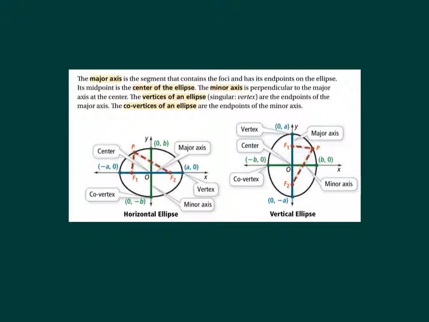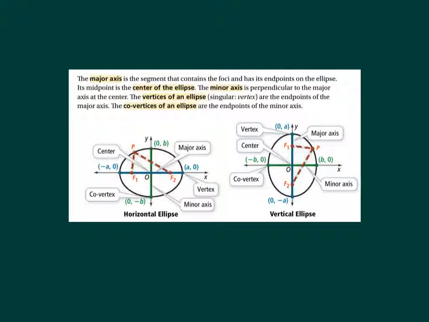So, we have some more vocab to talk about now. We have an ellipse that can be horizontal or can be vertical. And all the vocab is exactly the same. It's just where they go changes if you're talking horizontal or vertical. In the idea of an ellipse, you'll always have two axes that go from endpoint to endpoint both directions, the fat end and the skinny end.